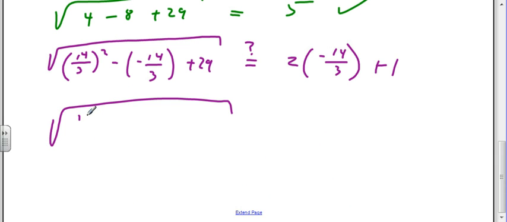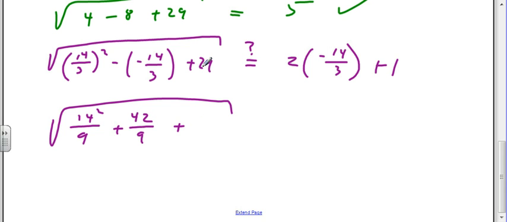So I got 14 squared over 9 plus, what's 14 times 9? 14 times 9, 126. 126 over 9 plus, what's 29 times, no. I already have a 3 there, right? So I only have to multiply 14 times 3, which is 42.